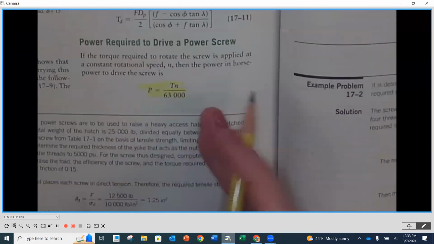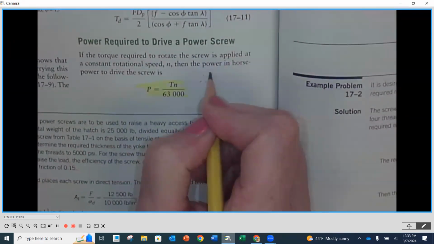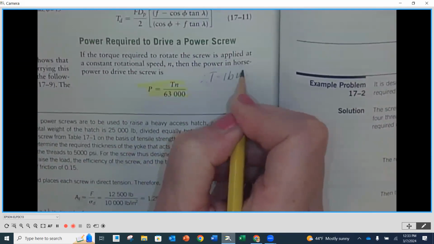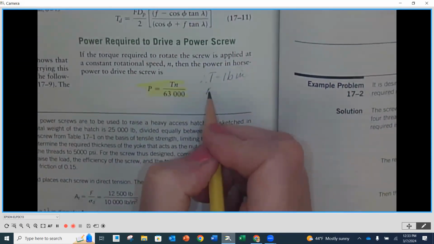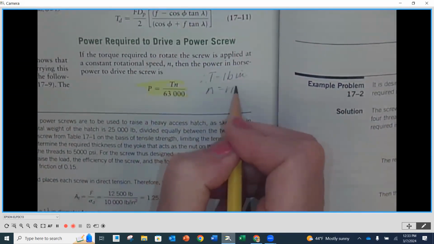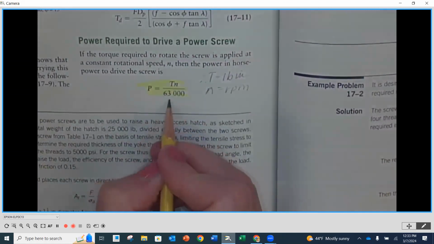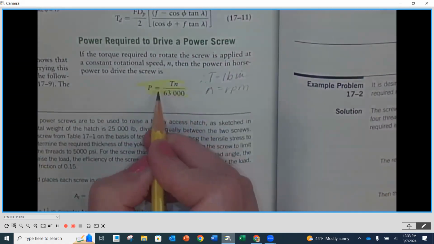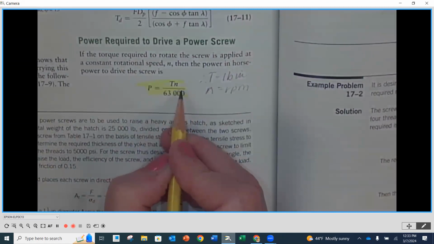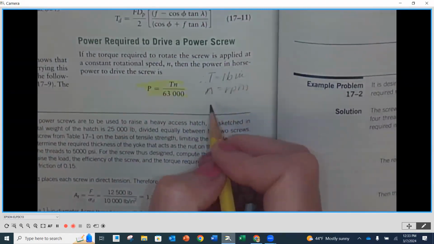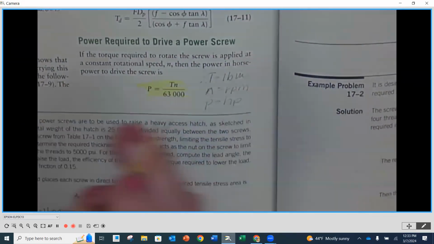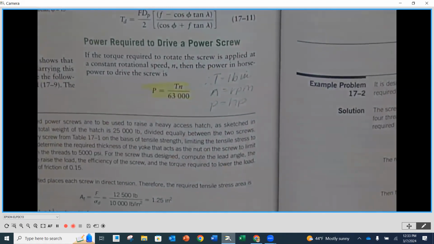Now, remember that for this equation, torque is going to be in pound inches and our N is going to be in RPMs. The cancellation of the units is right here in the 63,000. And then P is going to be in horsepower. So there won't be cancellation of units here.